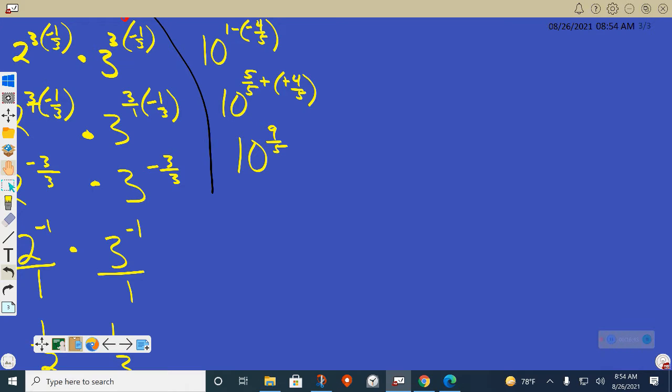In order to add or subtract fractions, you need a common denominator. Would it still be the same if you put 10 to the 1 and 4/5? Yes, that would be the same thing, but more complicated. Let's just stick with our rules for now.